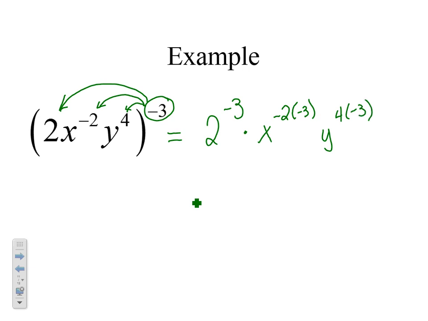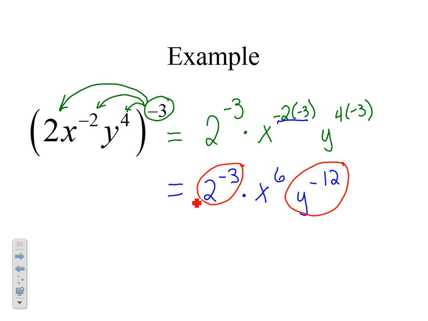Now I'm going to simplify my exponents here. This is going to equal 2 to the negative 3 times x, negative 2 and negative 3 is going to give me to the 6th, and y to the negative 12th. Now I can't have negative exponents, so these are in my numerator. These 2 have negative exponents. They need to be moved to my denominator.